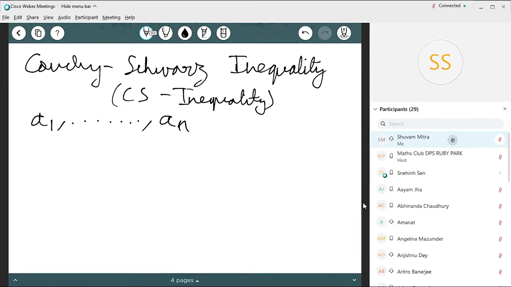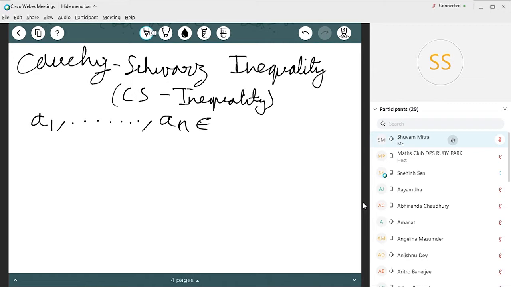So we assume a1 to an are real numbers. Can you please repeat the spelling of that inequality? It's very hazy. Okay, I'll just repeat it. It's Cauchy, Augustin-Louis Cauchy, and it's Schwarz.